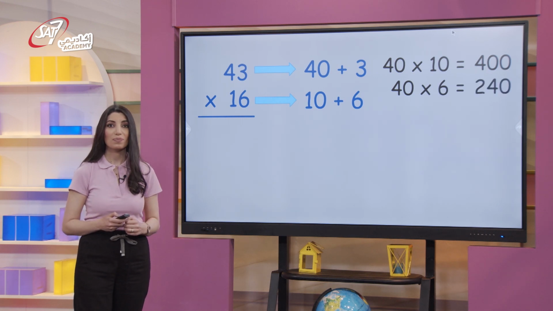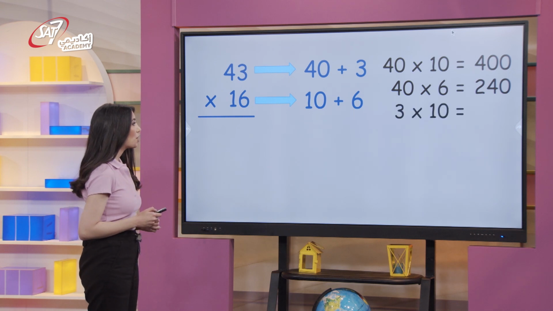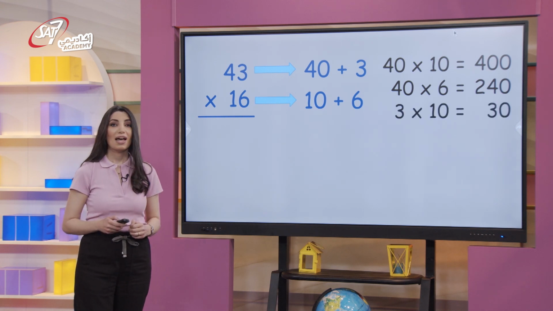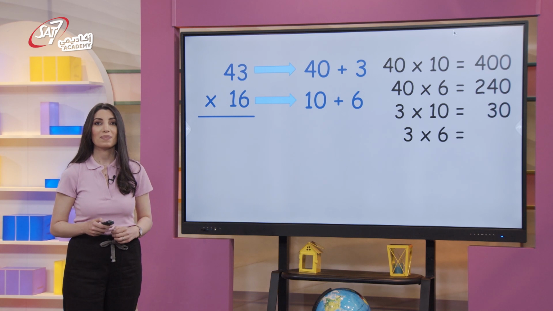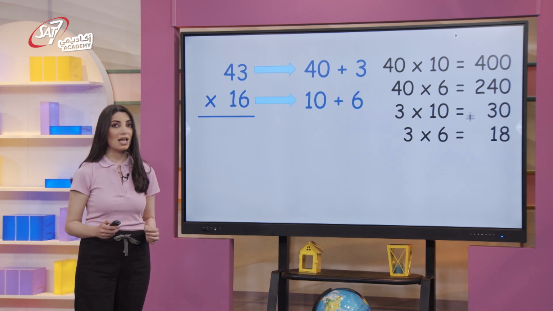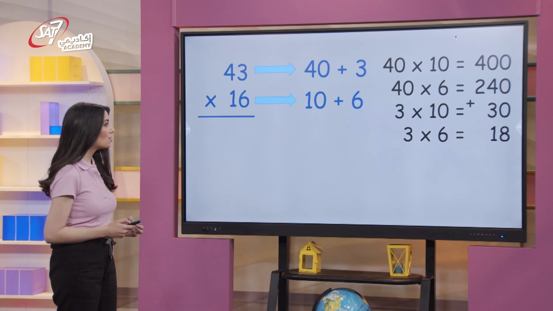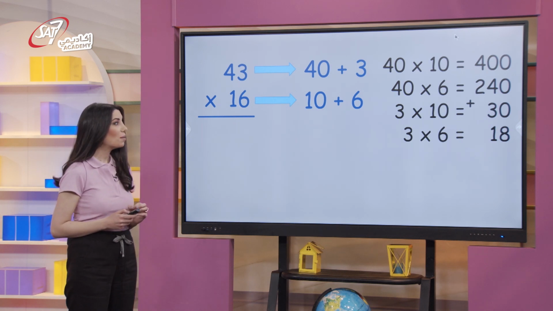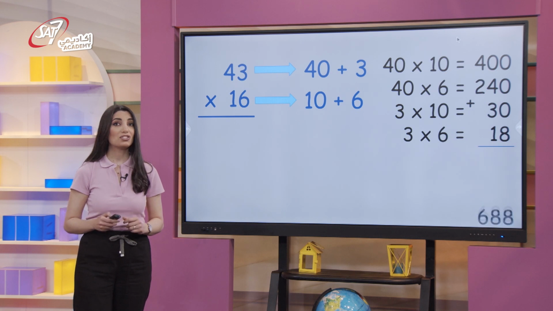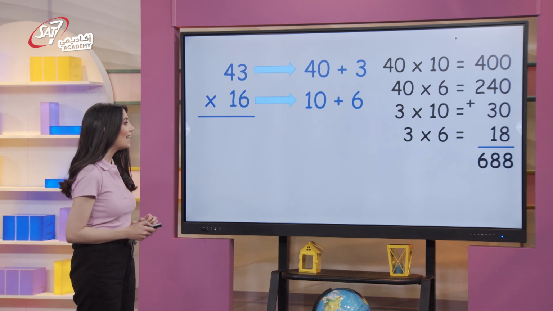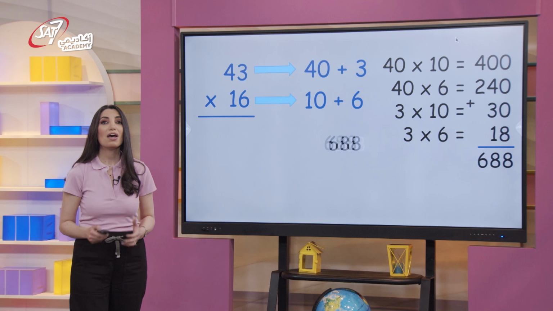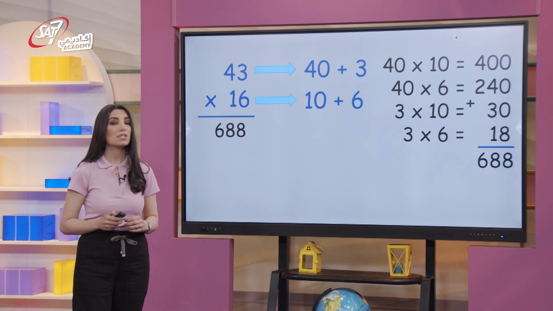Add the 0. 3 times 10 is 30, and 3 times 6 is 18. The last step is to add all those answers, 400 plus 240 plus 30 plus 18. The driver travels 688 kilometers every month during his trips from Beirut to Sidon.